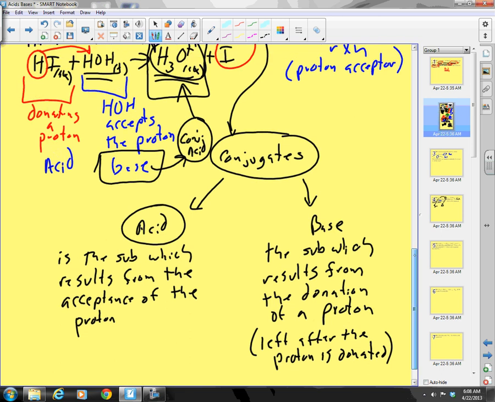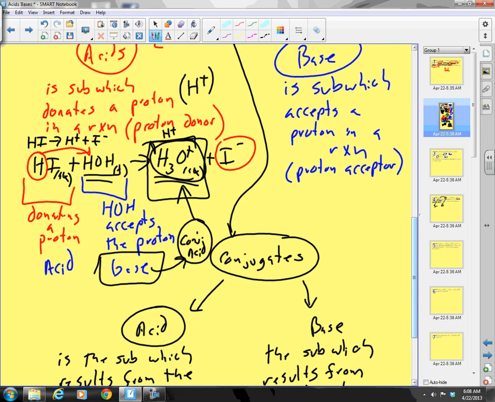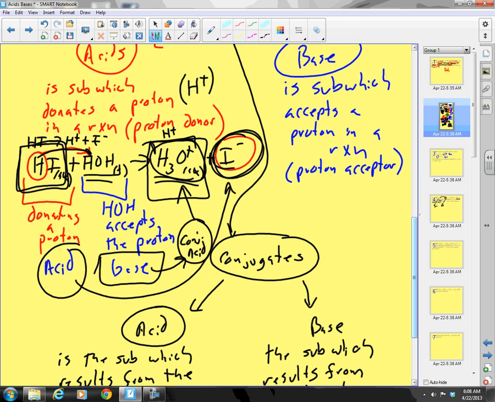So let's go back. Let's see what's doing the proton donating. This is donating, right? So that is my acid. What's left after that hydrogen is donated? Well, my I minus is left, right? So that means this is the acid, and my I minus would be the conjugate base.